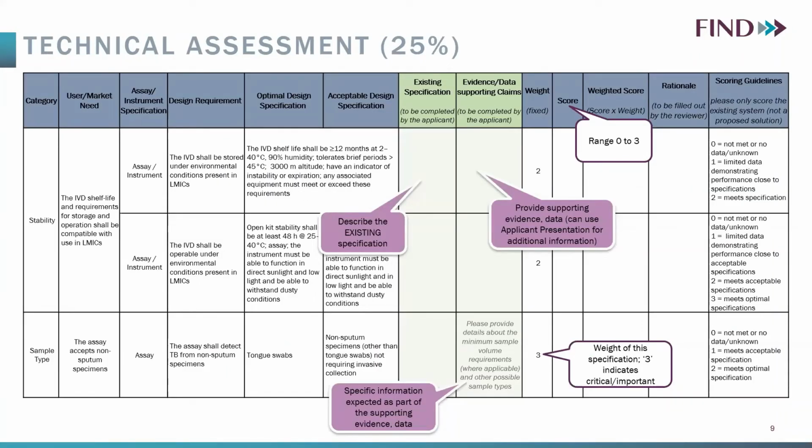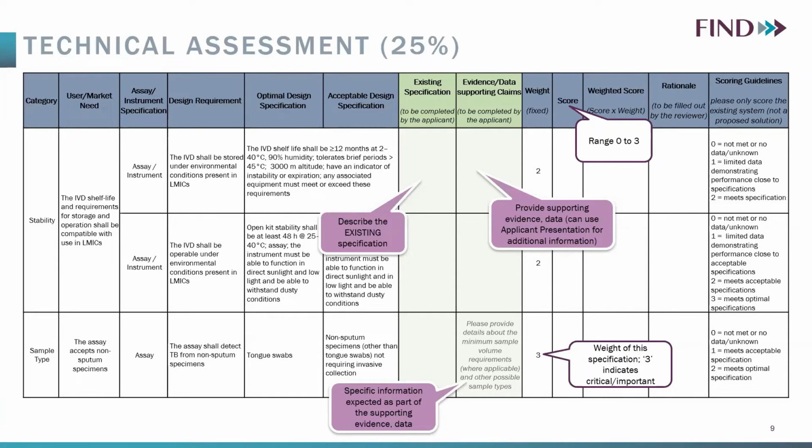So the technical assessment counts for 25% of the overall score for the RFP. I have included a snapshot here to highlight some key areas in the spreadsheet. The only 2 columns that will need to be completed by applicants are the ones highlighted in green.